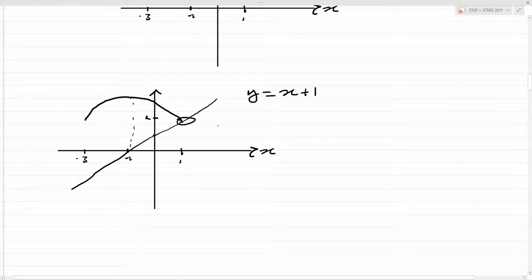And obviously we can see that x is 1 corresponds to the value of 2. So there is only one solution, because it hits the endpoint once.